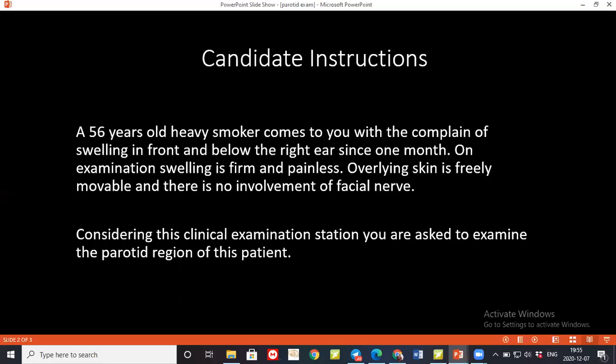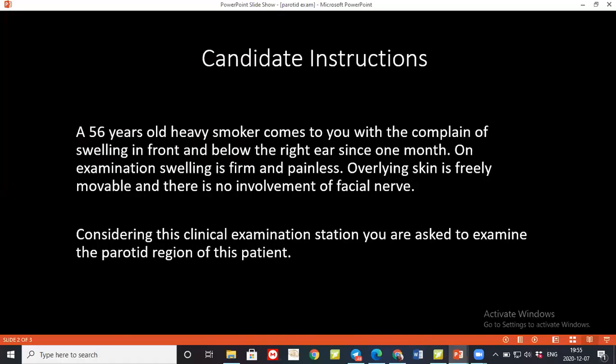Okay. Can you present your case now? You still have 1 minute, but still okay, we can discuss. Presenting the case: 56 years old male, heavy smoker, complains of swelling in front of and below the right ear since 1 month. On examination, comment on the inspection: the size, shape, surface and overlying skin, and comment on the palpation: temperature, tenderness, pulsatility, compressibility and mobility.